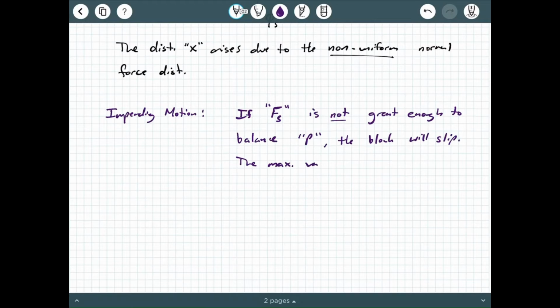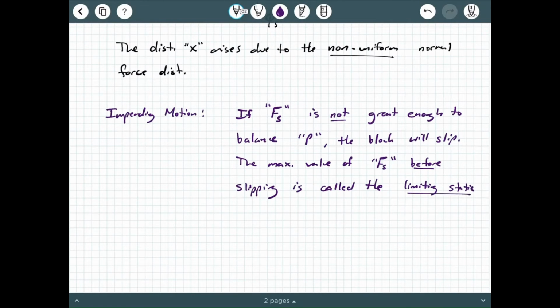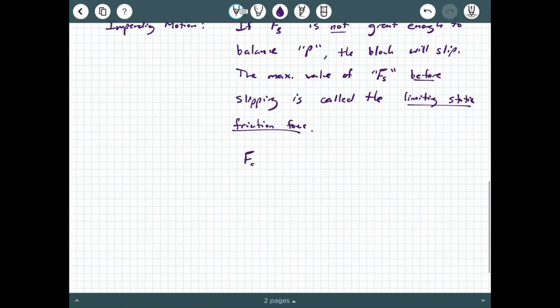Okay? So the maximum value of F sub s before slipping is called the limiting static friction force.